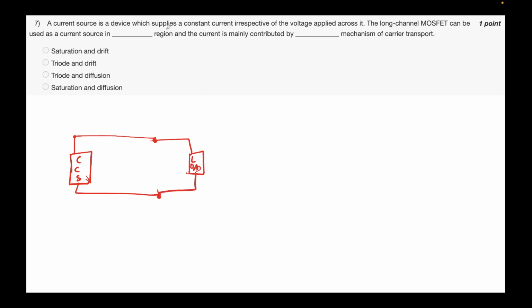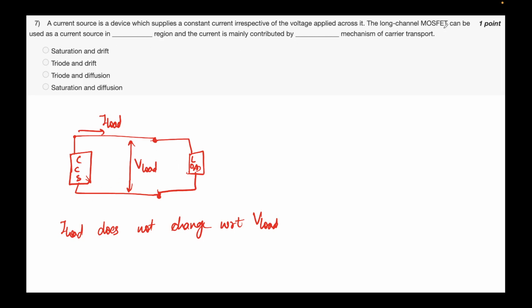Let me call this potential V load, and let's call this current I load. So what they're saying is that I load does not change with respect to V load. So whatever load you apply, the current will still be the same.